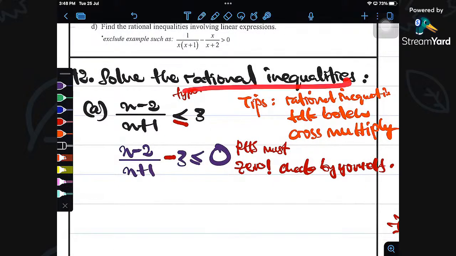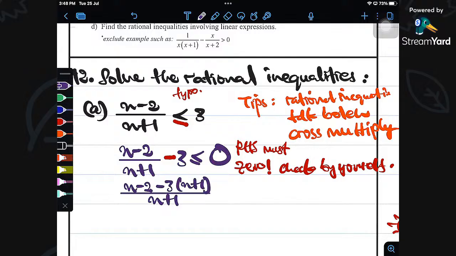Untuk rational inequalities, we must not cross multiply, and so we just solve this direct cara manual, iaitu x plus 1 di bawah, x minus 2 di atas. Dan jangan lupa 3 darab x adalah negatif 3x. Ini tambah 1 lah, betul tak? Tapi saya nak cepat, saya tulis negatif 3x minus 3.